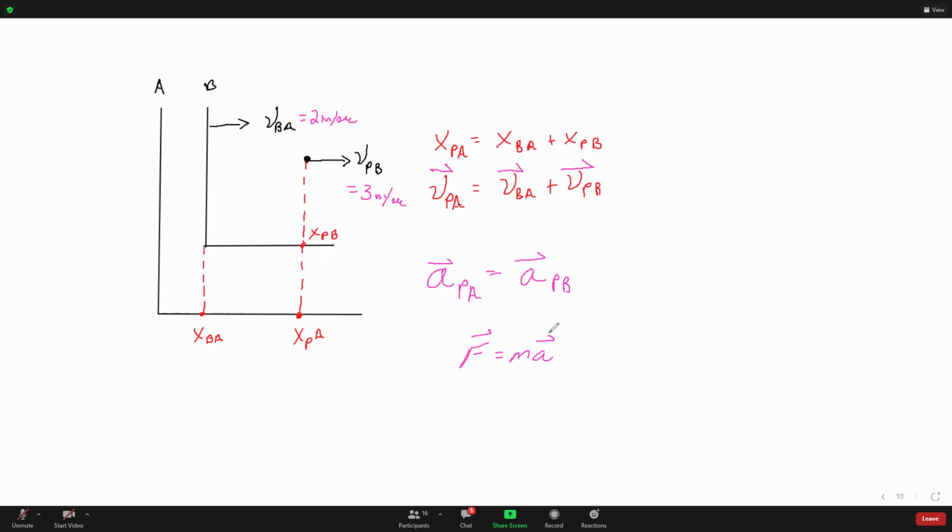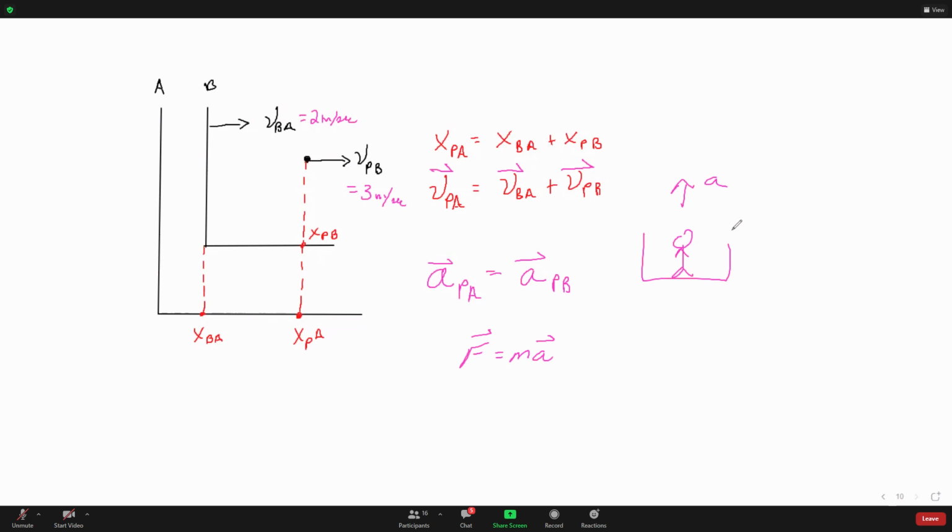Now, what do I mean by hold? I mean that if I measure a in that frame and I measure F, then it makes sense, okay? Think about the elevator accelerating upward. So here's the elevator, I'm accelerating upward, and I feel myself being pushed down into the ground, okay?